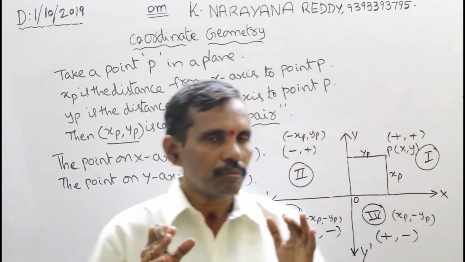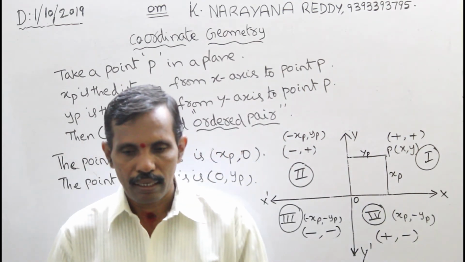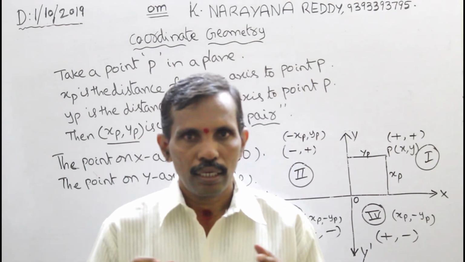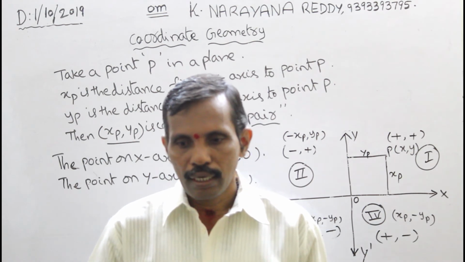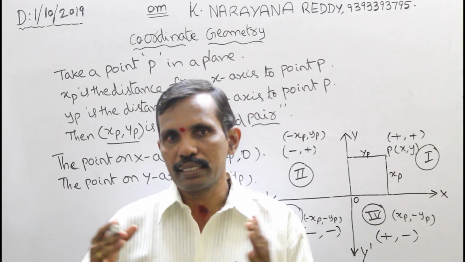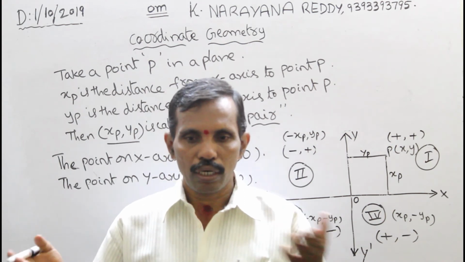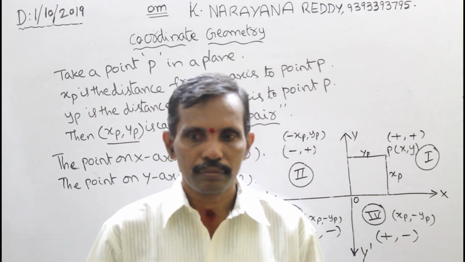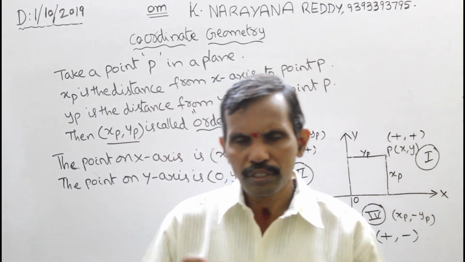Okay, this is some introduction about coordinate geometry. Also, I will take some problems in future classes: how the points form at different places, the distance between 2 points, midpoint, centroid, and so many others.